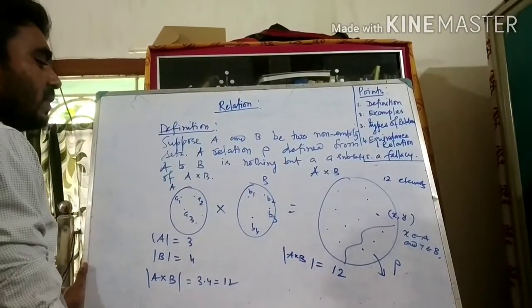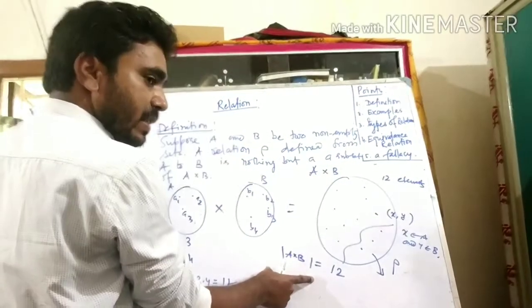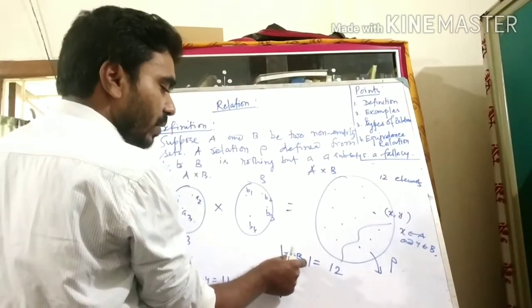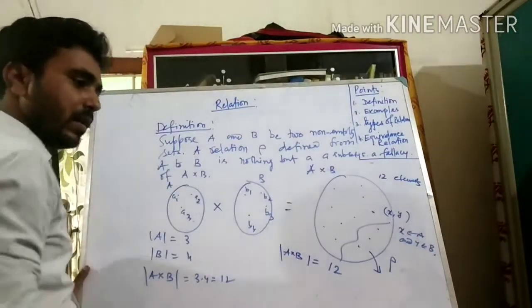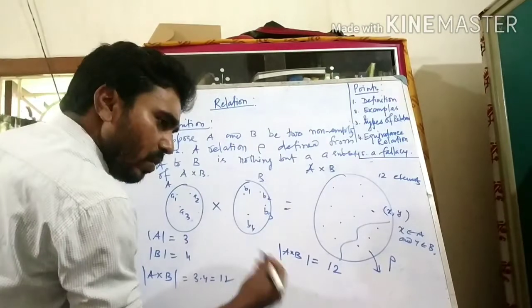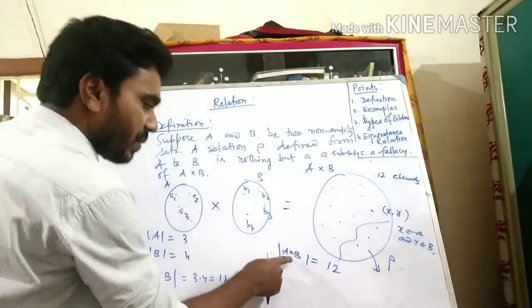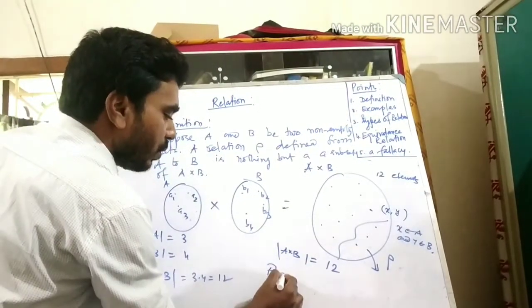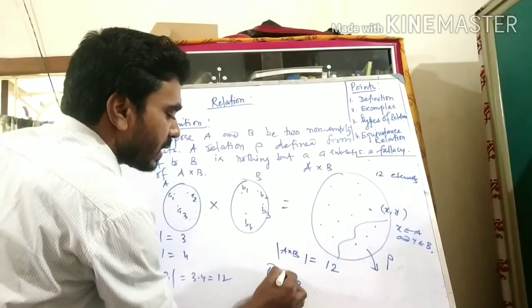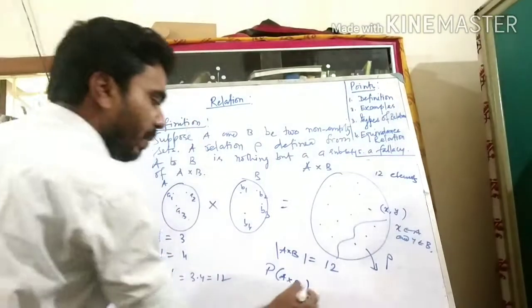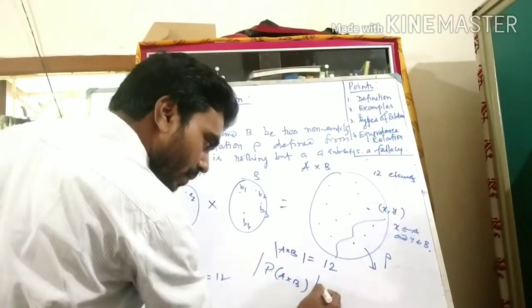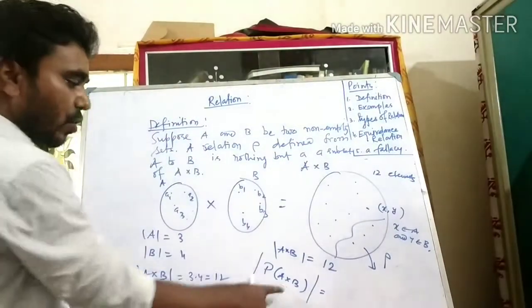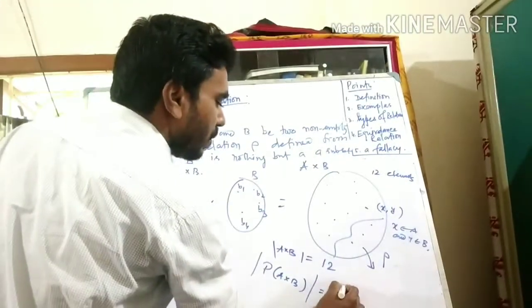So how many subsets can we get from this set? The set of all subsets of A cross B is known as the power set of A cross B, and the number of elements of that power set will be 2 to the power 12.